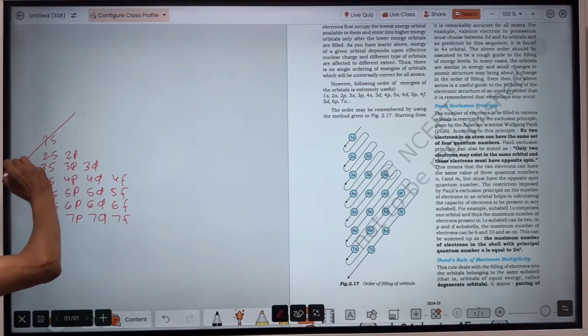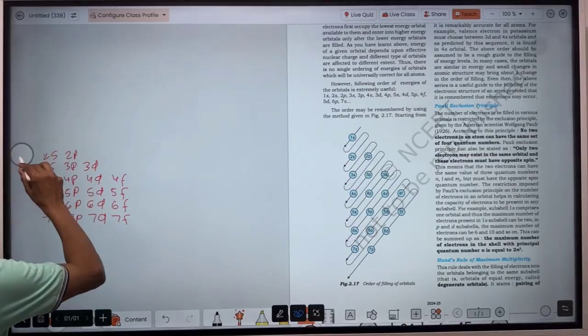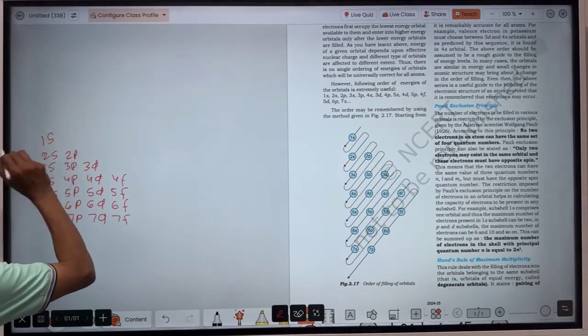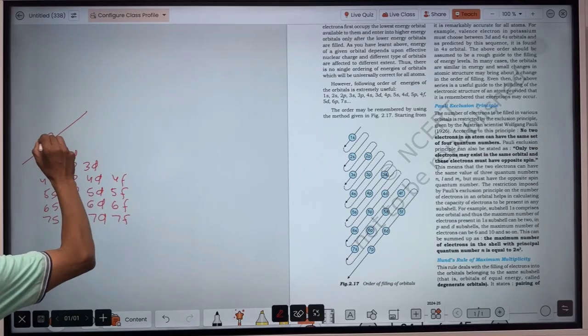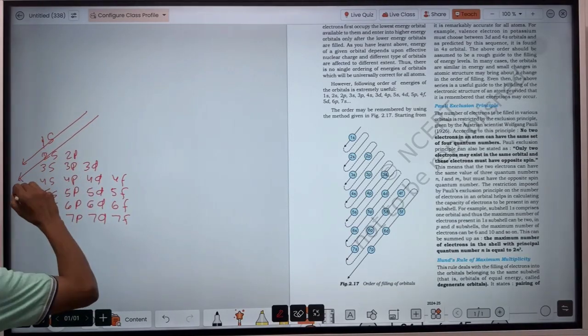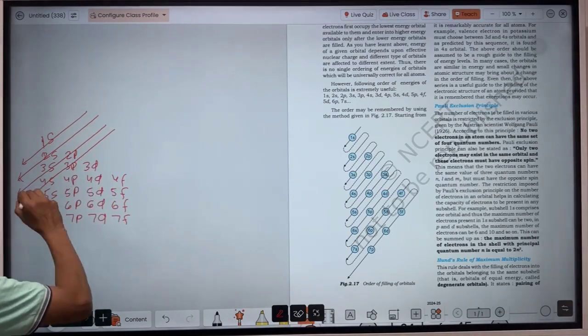Now we will cross like this. Firstly cross like this.